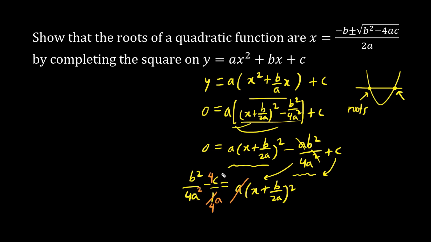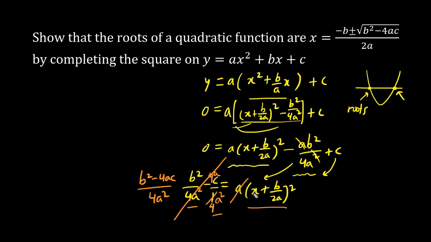And we multiply top and bottom by another a, we get a squared, and we have an a over here as well. So now we have a common denominator of 4a squared, so we can combine this into one term. So the right side becomes b squared minus 4ac all over 4a squared.